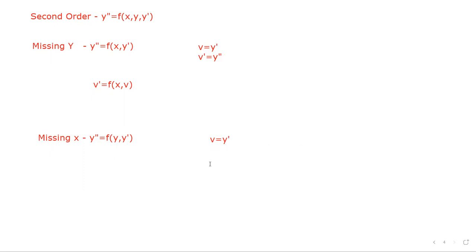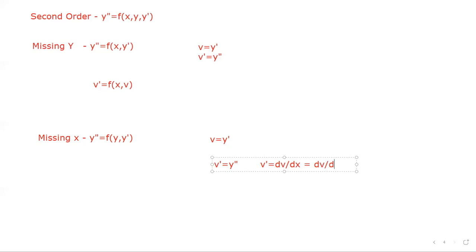So whenever we do our v prime, that is going to be the same as our y double prime. But the problem is that our v prime is dv dx, not in terms of y. So we have to make a change.